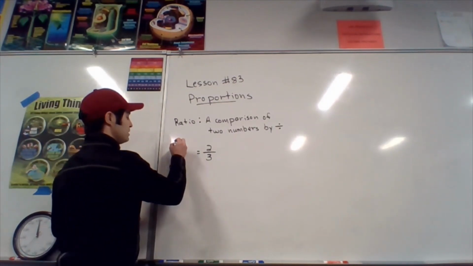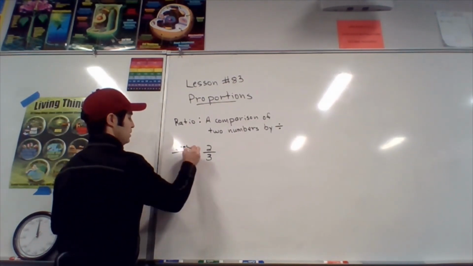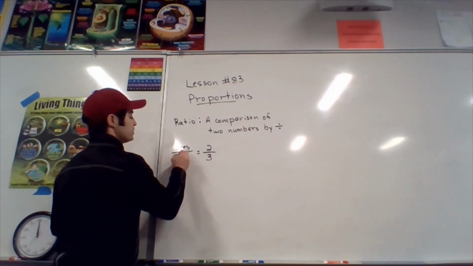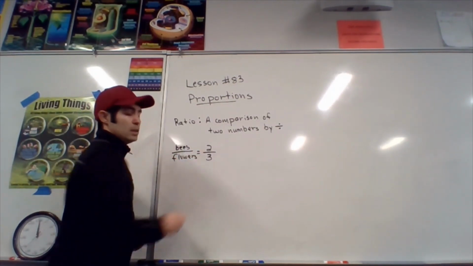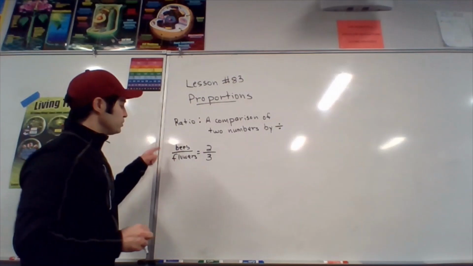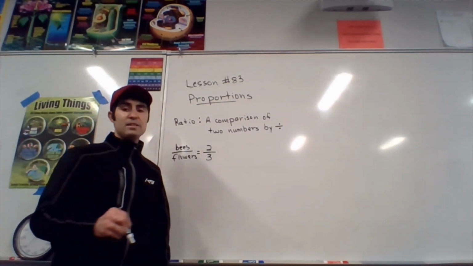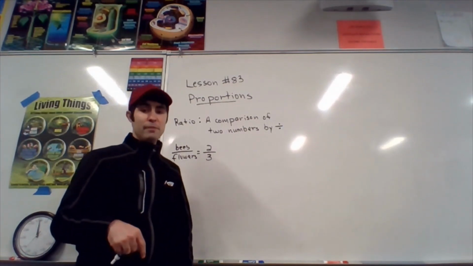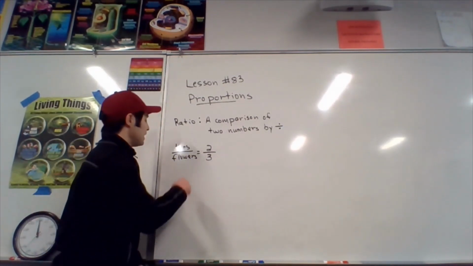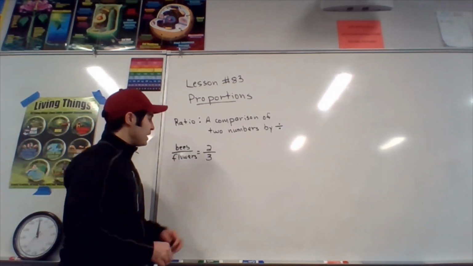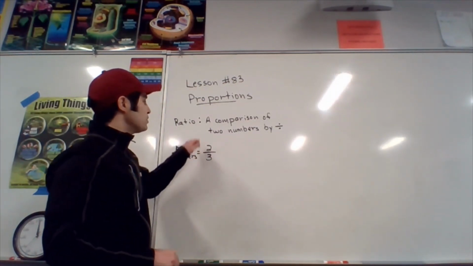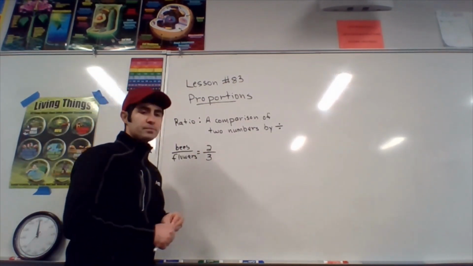There are 2 bees for every 3 flowers. It could be 2 miles per gallon. That wouldn't be very good gas mileage if you only got 2 miles out of 1 gallon of gas. Okay? So anyway, a ratio is a comparison of two numbers by division.